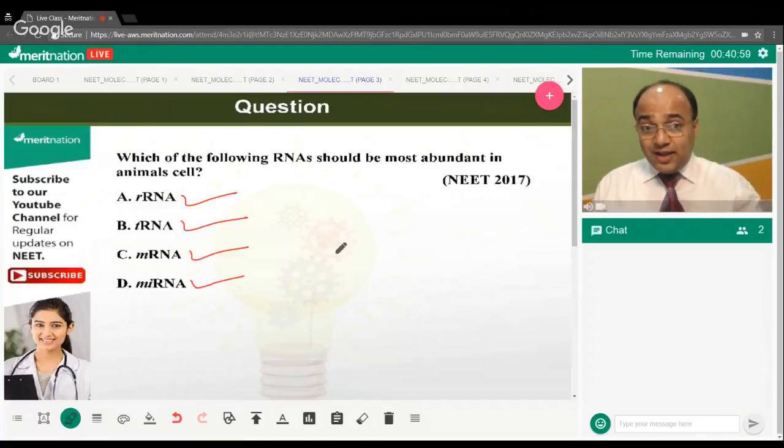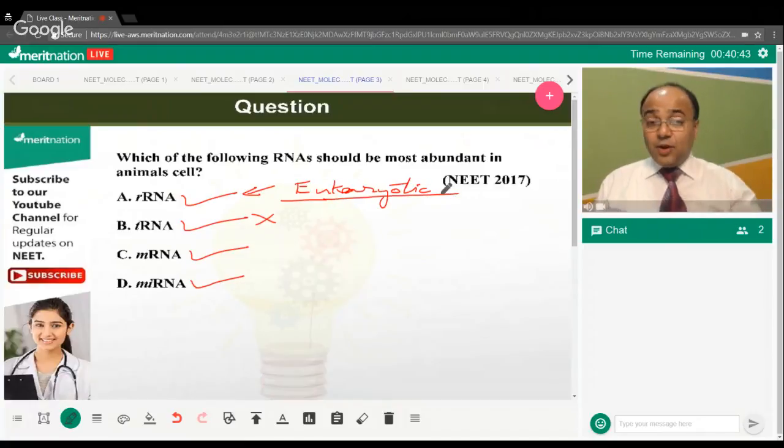It is not tRNA. See, rRNA are a component of your ribosomes, so they are limited to the eukaryotic cell, and at any point of time, a eukaryotic cell has at least a few thousand rRNAs to synthesize the good number of proteins which are required by the cell, right?